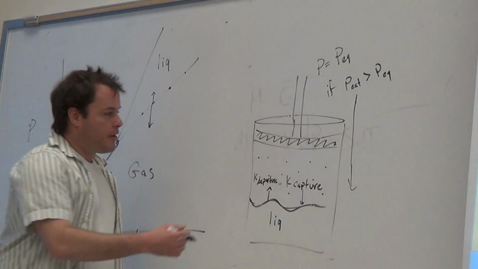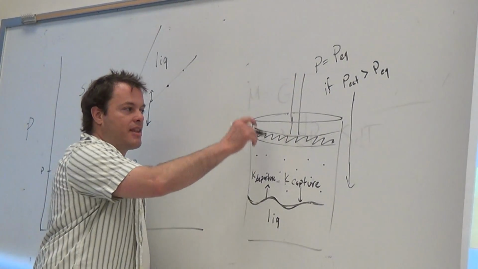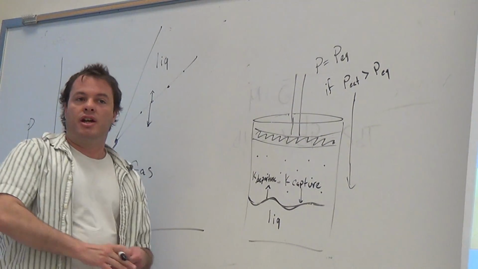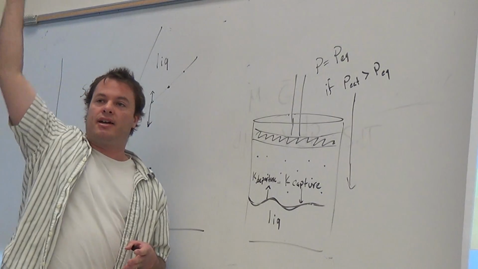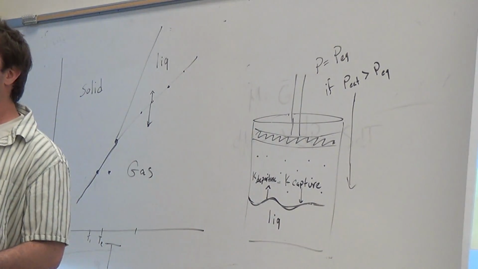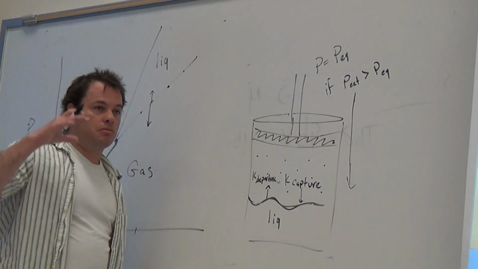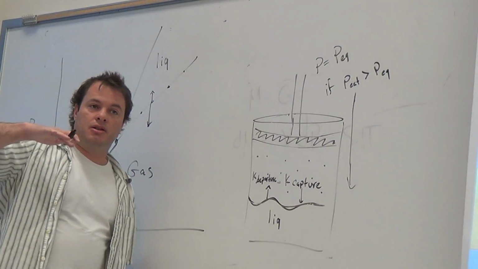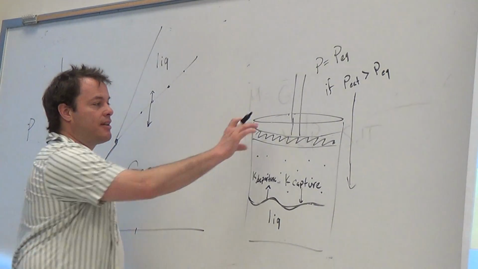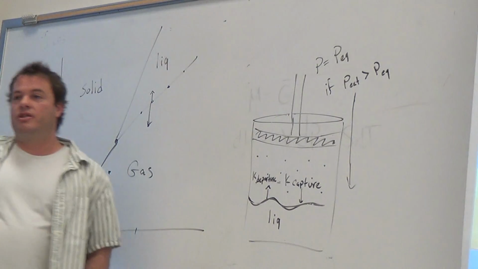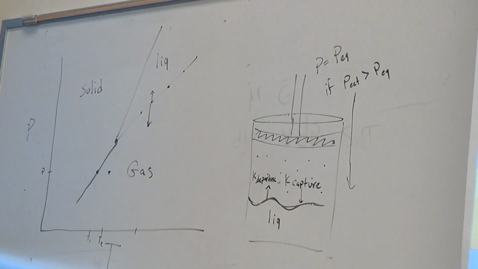And so as long as that pressure is less than the equilibrium pressure, it's just going to keep pushing that piston back until eventually the piston flies off into outer space and all of that liquid has had a chance to go gas phase. We only end up being able to trap it if we push back down on it with an external pressure that's equal to the vapor pressure of the gas, right?